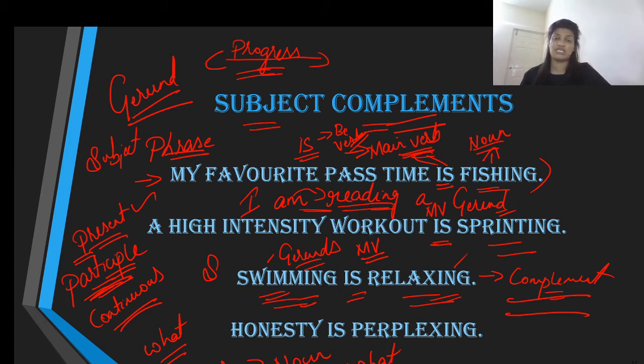How would you differentiate between the progressive tense and the complements? By focusing on the statement and realizing whether there is continuity or not. When you say "I'm reading a book," it shows there is continuity of the action. But when you say "My favorite pastime is fishing," "A high intensity workout is sprinting," "Swimming is relaxing," similarly "Honesty is perplexing," there is no continuity or progression of the action.